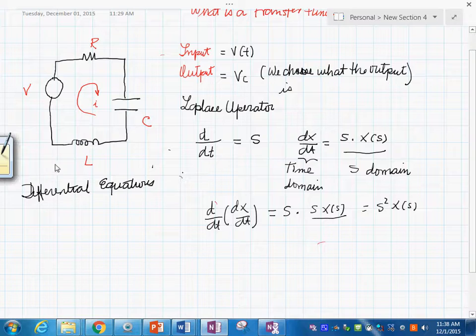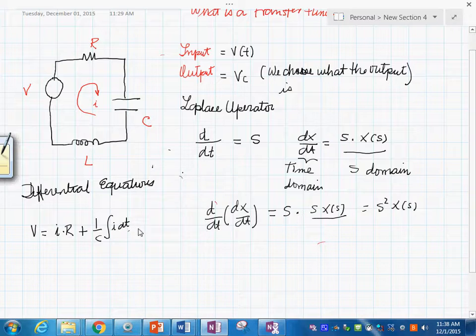All right. So how do we write the differential equation for this? We say that the voltage is equal to I times R plus 1 over C, the integral of I dt. That's what the voltage V sub C is.